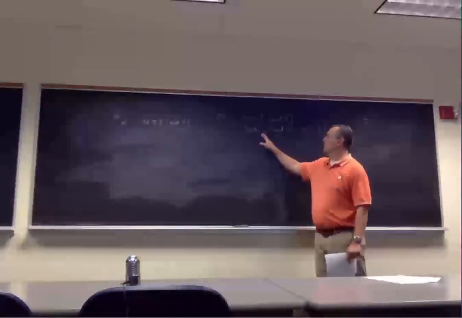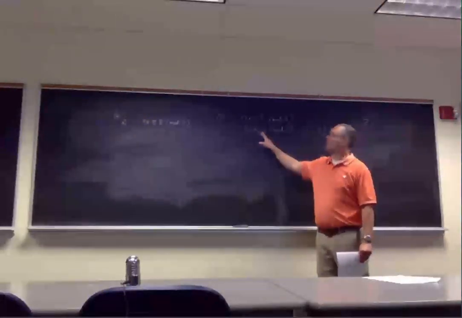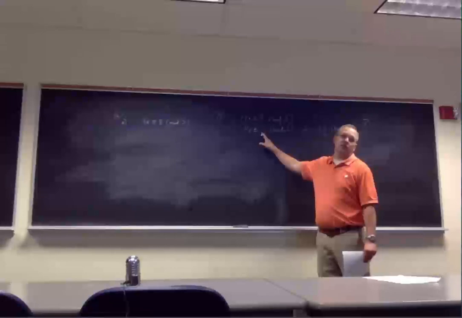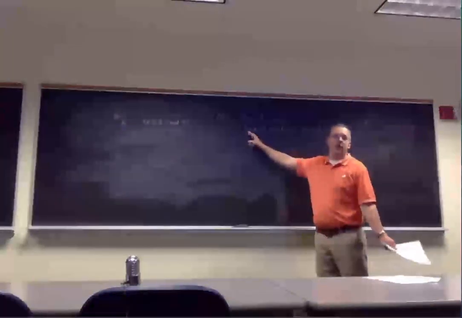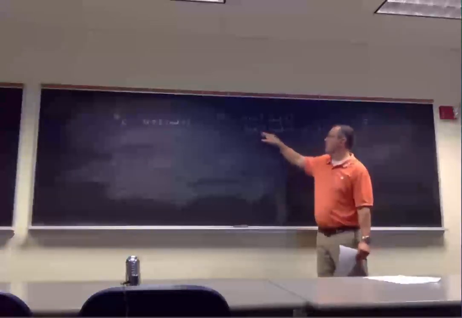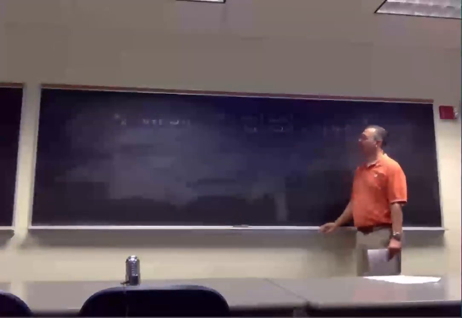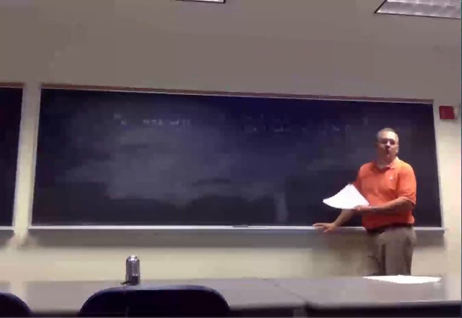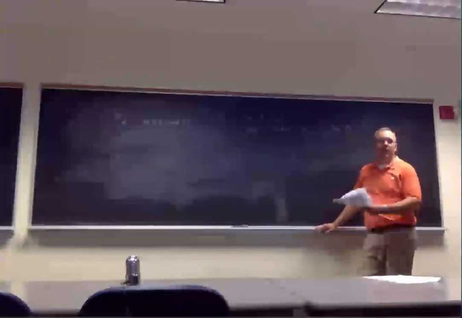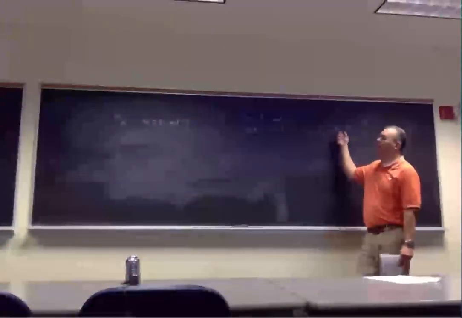This is 0 mod 2 and this is 1 mod 2. In other words, this is an even number and this is an odd number. An even number can't be congruent to an odd number mod 2. The logic is an odd number can't equal an even number. So 2 cannot divide an odd number.